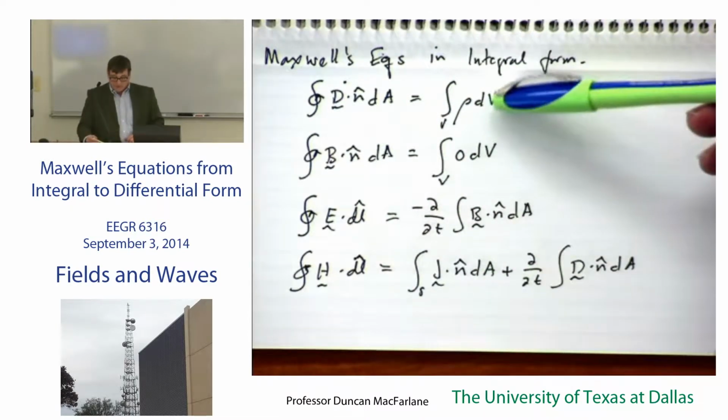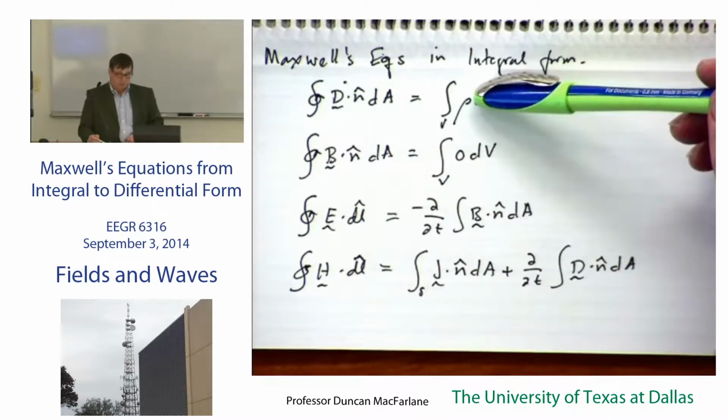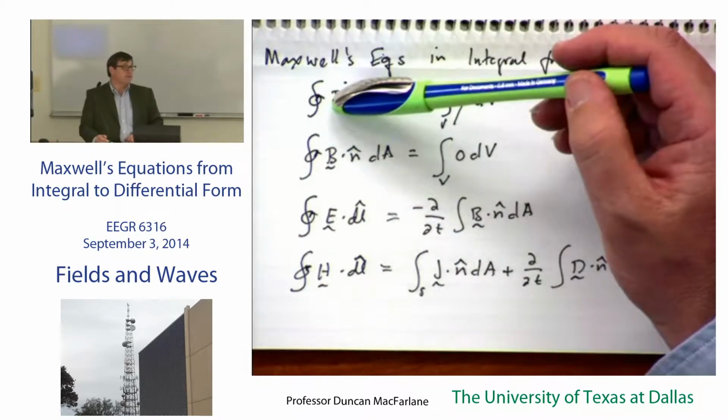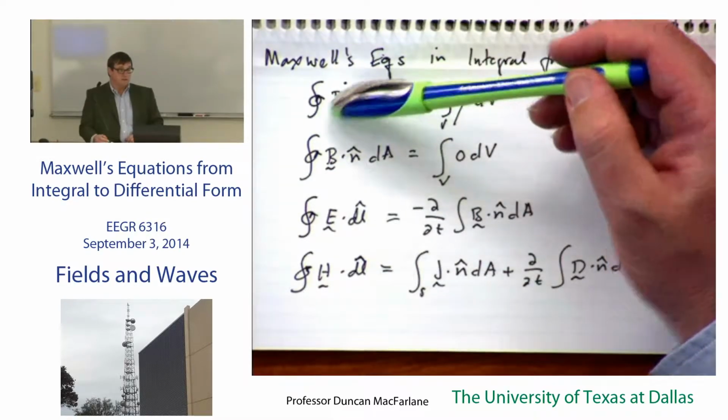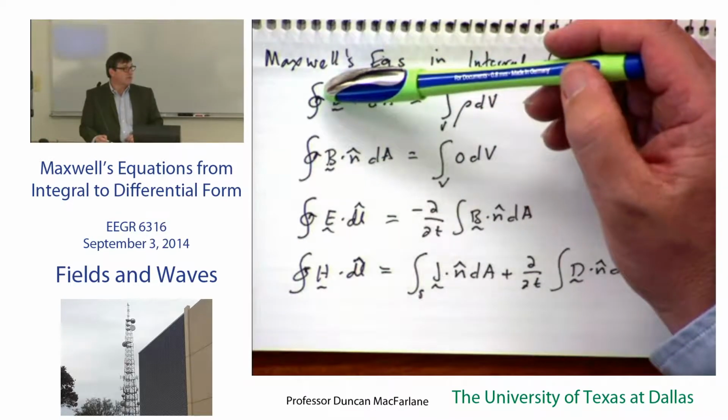So this illustrates that point. If I've got charge sitting here, then there will be an electric field because of that charge. If I have a single electron here, there will be an electric field because of that charge.